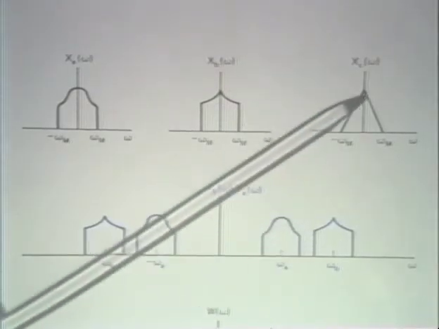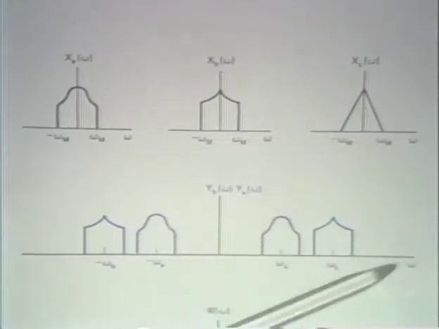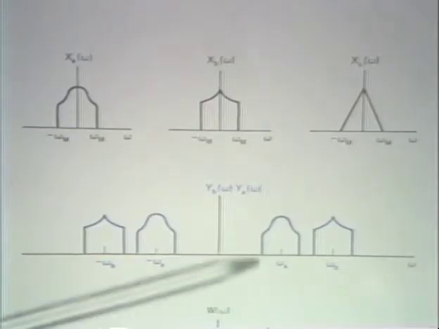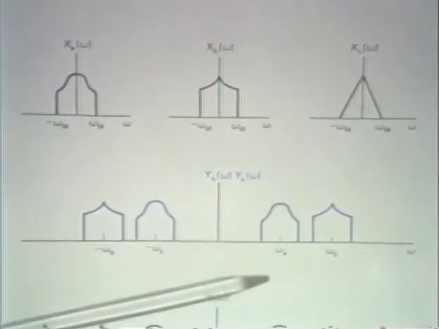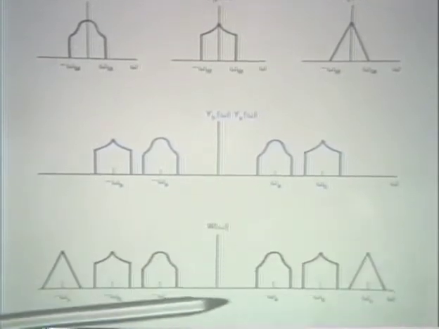And then, of course, we can do the same thing with the third signal and put that in a frequency range over here, being careful that none of those overlap. And when we add all those together, the composite spectrum is what I show here.